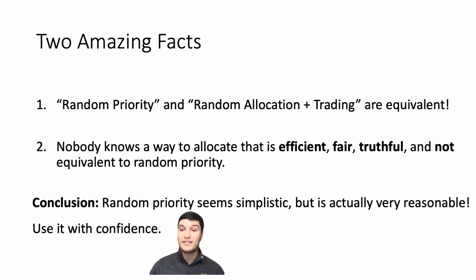Depending on what you want, this may very well be the best way to allocate items. And so when you go out in the real world, if you want to allocate in a way that treats people equally, is efficient, and is truthful, you can use random priority with confidence and know that nobody actually knows of another way to do things that satisfies these three axioms.